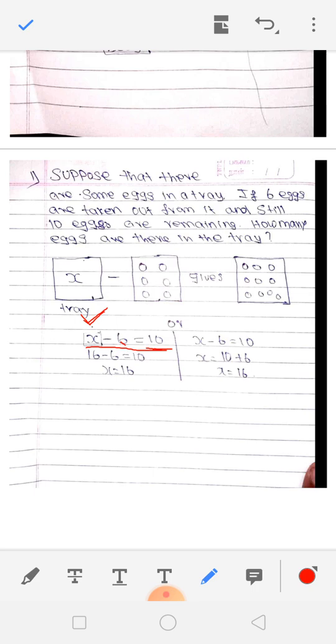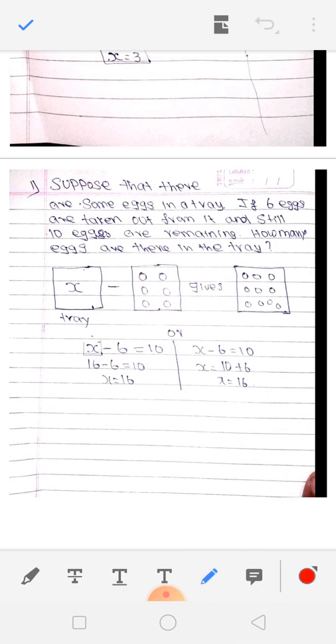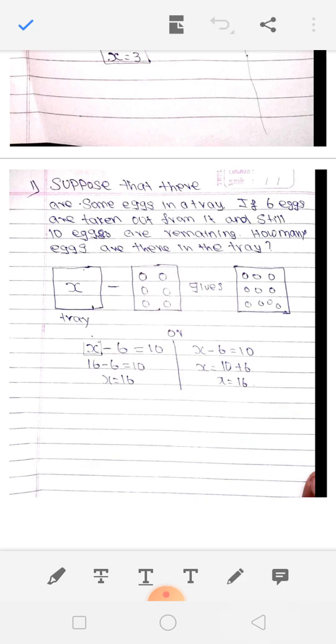Suppose I put x as 7. 7 minus 6 is equal to 10? This is not correct, because 7 minus 6 is equal to 1 only. And if I put 8, 8 minus 6 is equal to 10? This is also wrong, because 8 minus 6 is equal to 2 only.